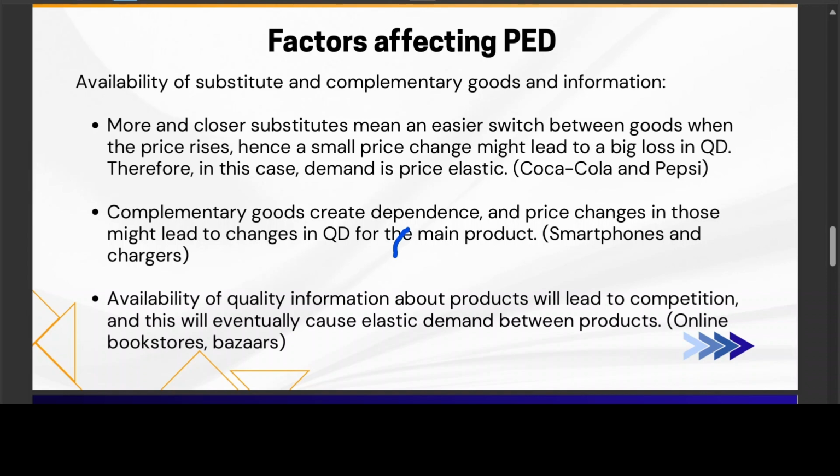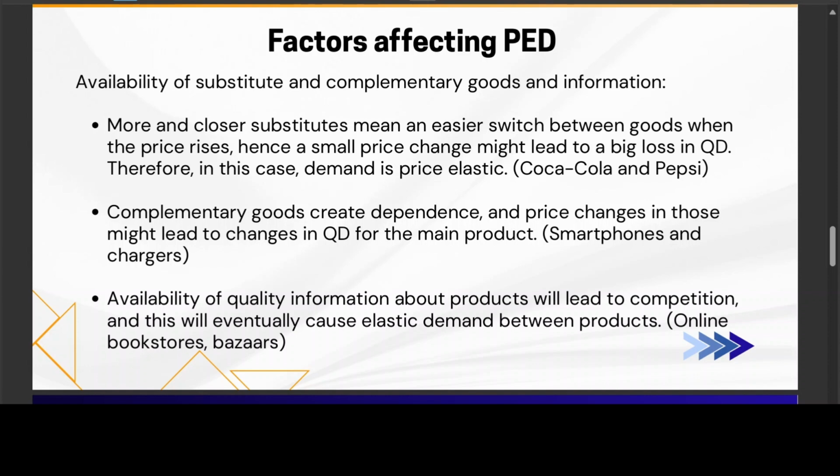And now we have availability of quality information. Quality information helps consumers to find more information about the products they want to buy. For example, you can take online search engines which can provide you with a list of various programs and products that you can choose from.